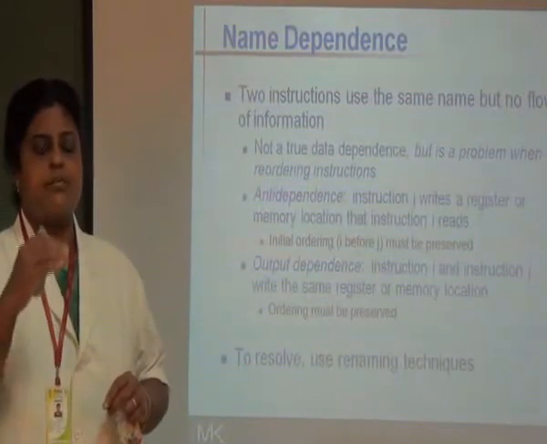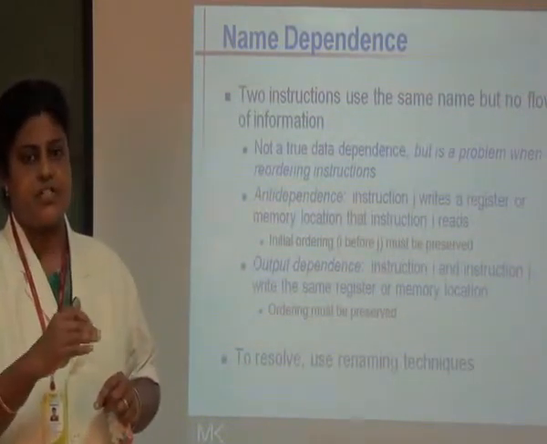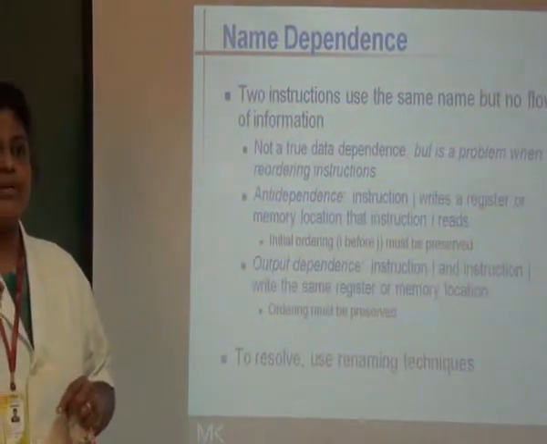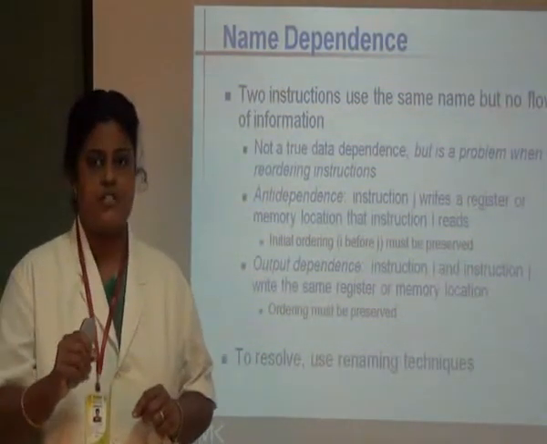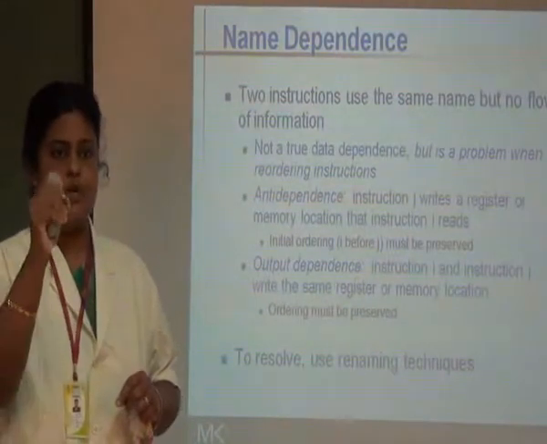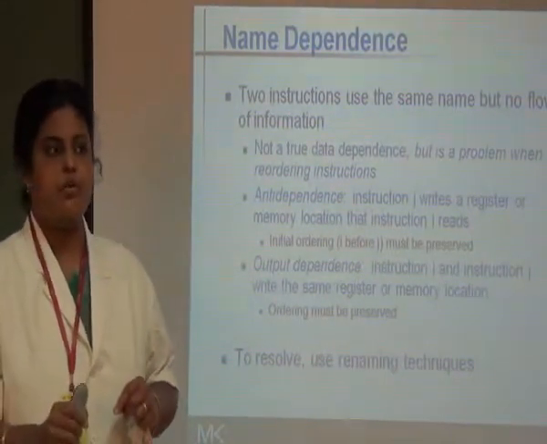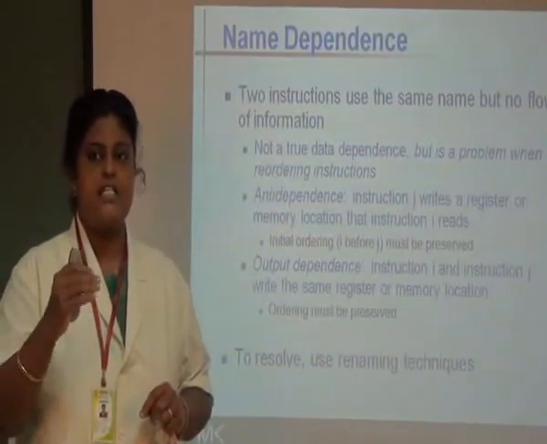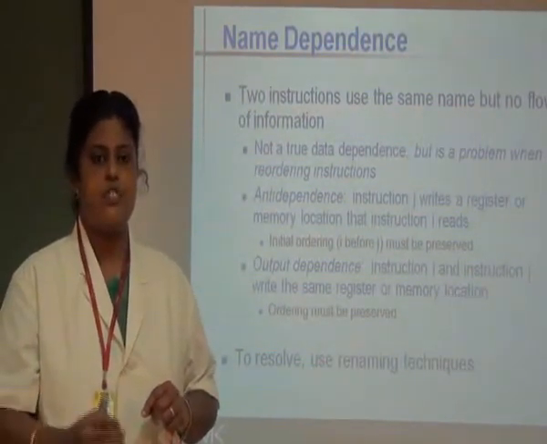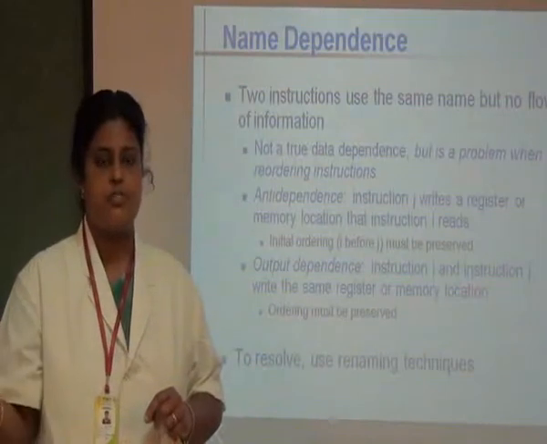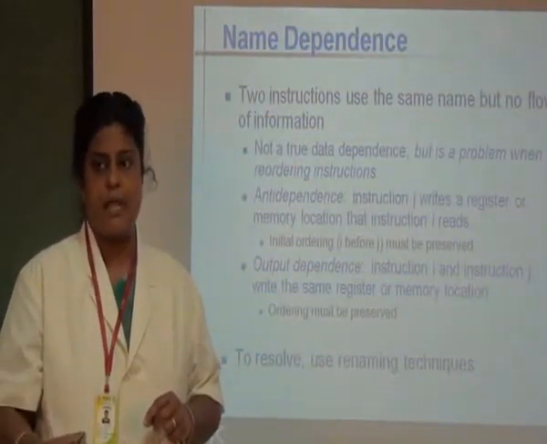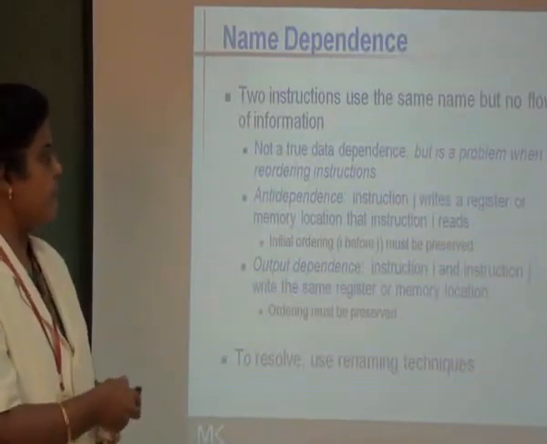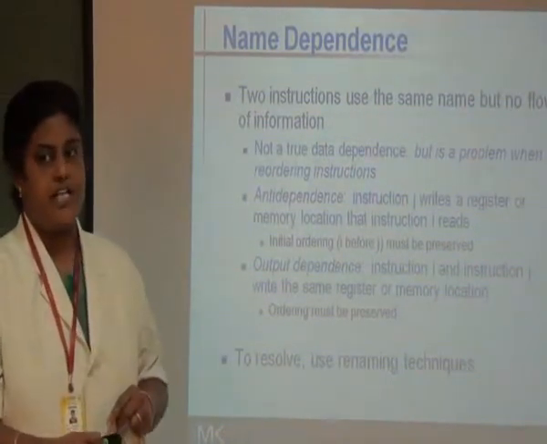Suppose a branch instruction comes in between. In that case, the flow of execution of the program is not the normal sequence, but depending on the decision taken on a branch, the jump of program execution is transferred to some other point in the program. This is what happens when we go for out of order execution.